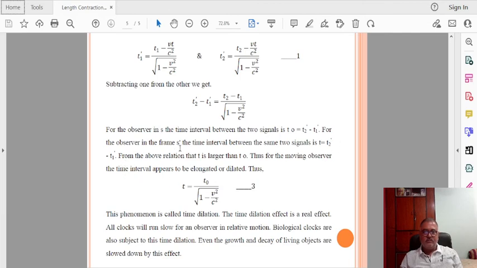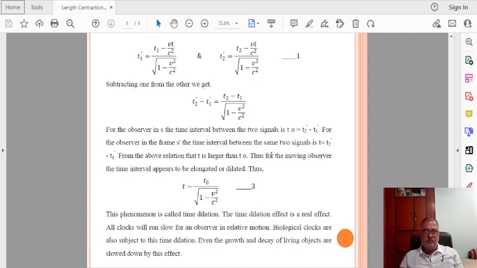From the above relation, t is larger than t0. Thus, for the moving observer, the time interval appears to be elongated or dilated, and t equals t0 divided by root of 1 minus v square upon c square. This is equation number 3.